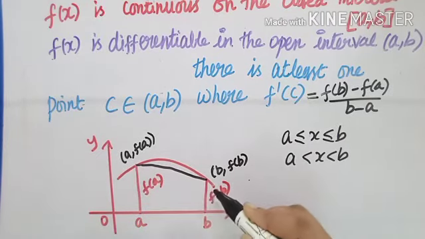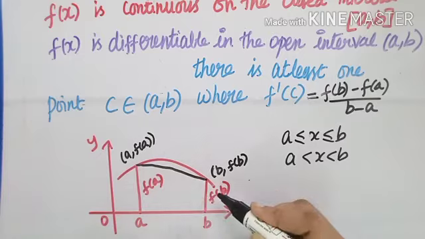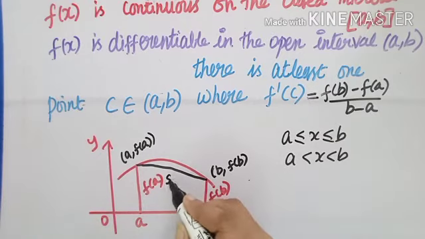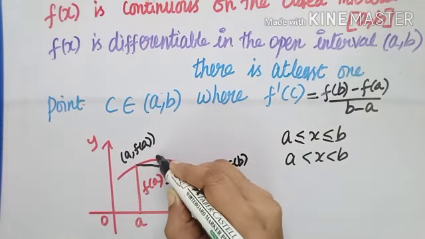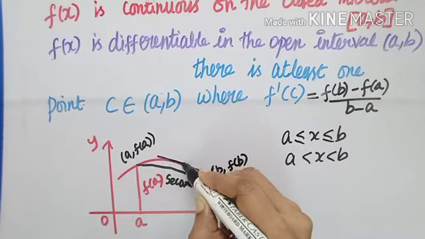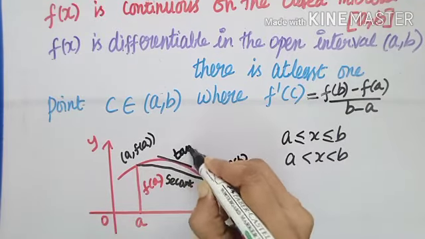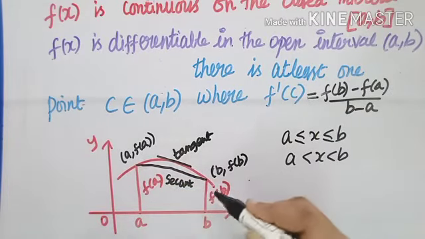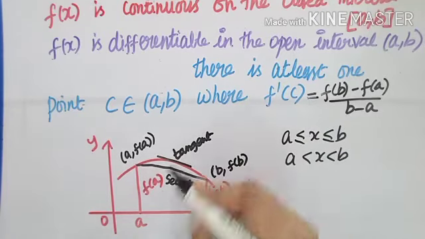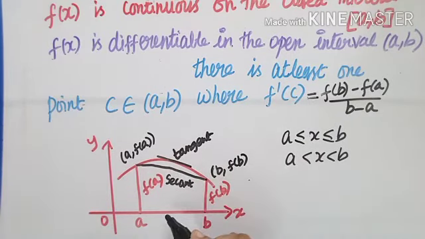The line joining the end points we call the secant line. So, for this secant line, I can say there is a tangent parallel to this secant line. This secant line is joining the end points. So, the tangent is parallel to the secant line in Lagrange's mean value theorem.